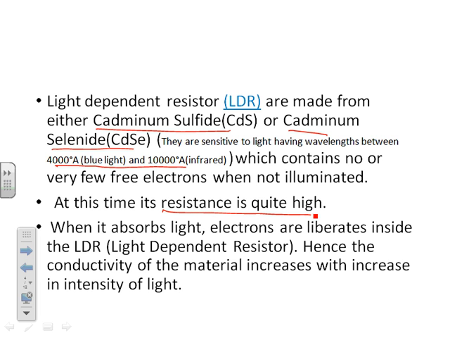When it absorbs light, electrons are liberated inside the LDR, and hence the conductivity of the material increases with increase in the intensity of light. When light is absorbed, the electrons in the valence band move to the conduction band, it acts as a conductor, and hence the resistance decreases.